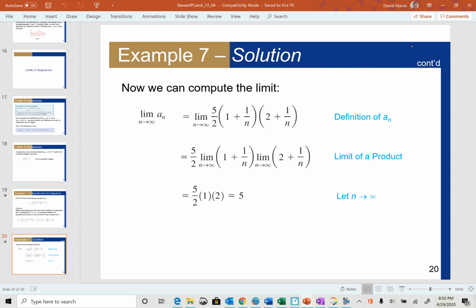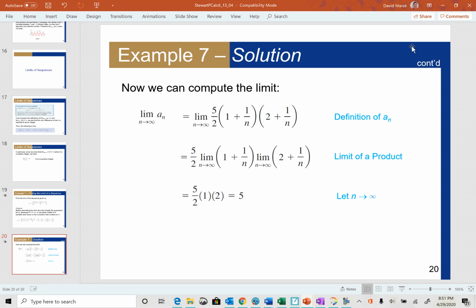And again, remember that the limit as n approaches infinity of the 1 over n in both of these cases becomes 0. So this becomes 1 plus 0, which is just the 1. This becomes 2 plus 0, so that becomes the 2. And then the arithmetic is really, really simple. The limit of this sequence as n approaches infinity is 5.